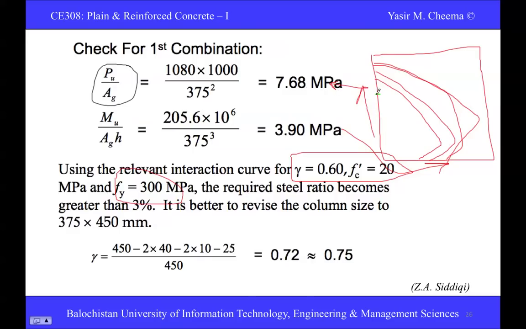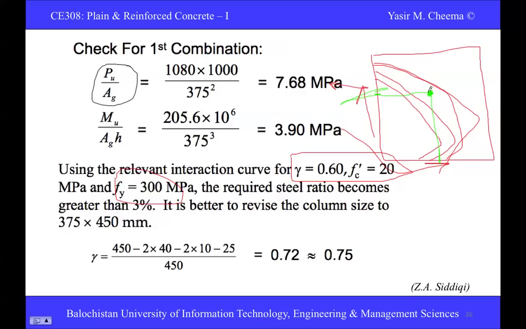Let's say this value comes somewhere here, and secondly we need to find out the value of Mu over Ag, this value over here. Let's say it comes somewhere here. So we have to move from this line up and from this to the right side. Wherever they meet, we need to note that point, and check whether this point is more than 3% or not.